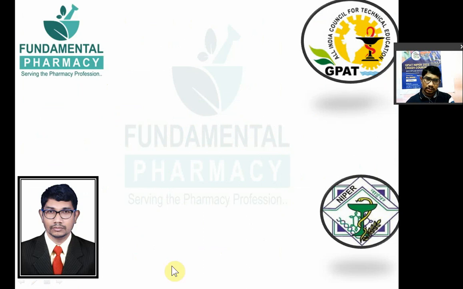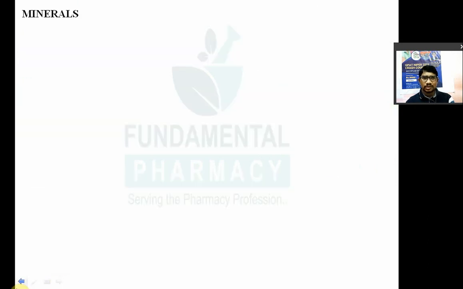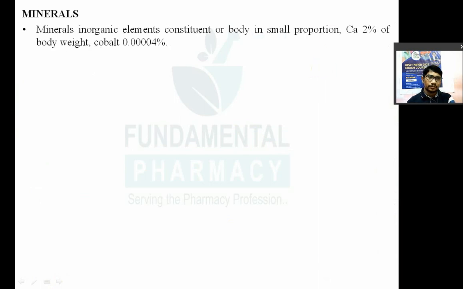Next we'll see minerals. Vitamins and minerals is one chapter in your biochemistry. You can expect only one question from minerals, but still we'll see. Minerals are the inorganic component of your body.